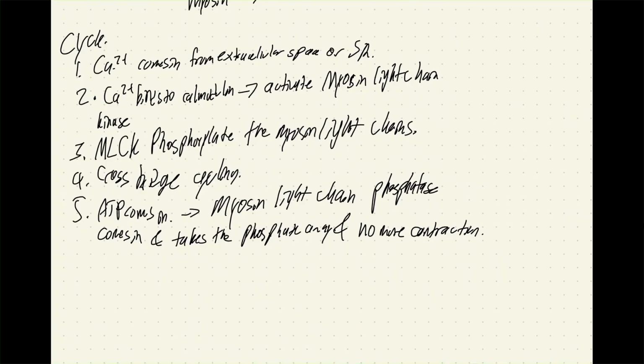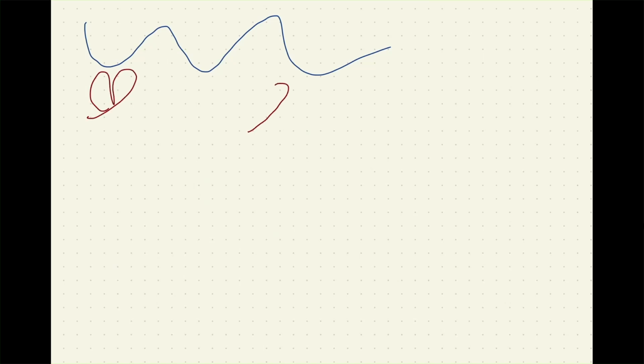So let's give a visual representation of what this means. Let's draw the actin and myosin. This is going to be the actin, and this is going to be the myosin.